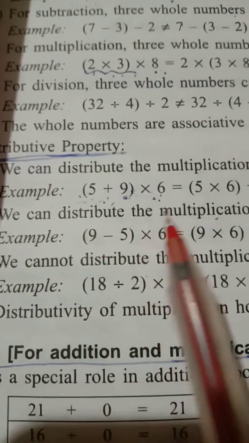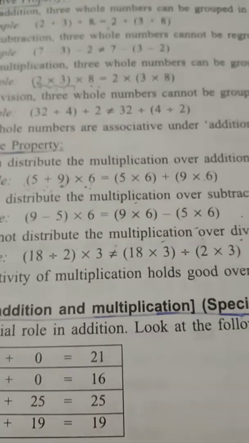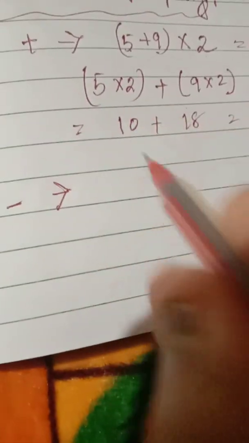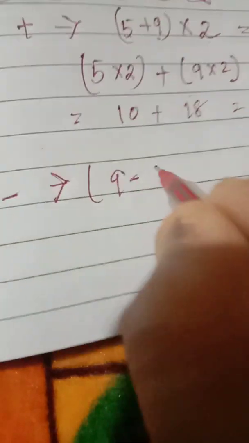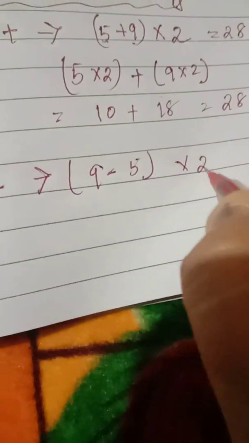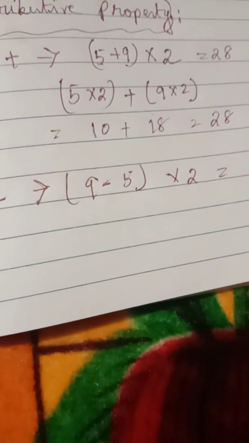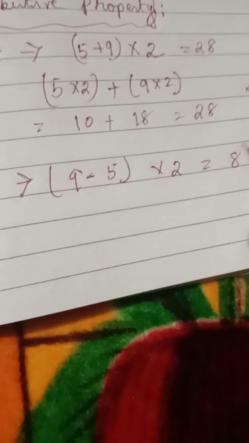We can distribute the multiplication over subtraction. So if I write this way, 9 minus 5 multiply 2, the answer will come 4 into 2, that is 8.